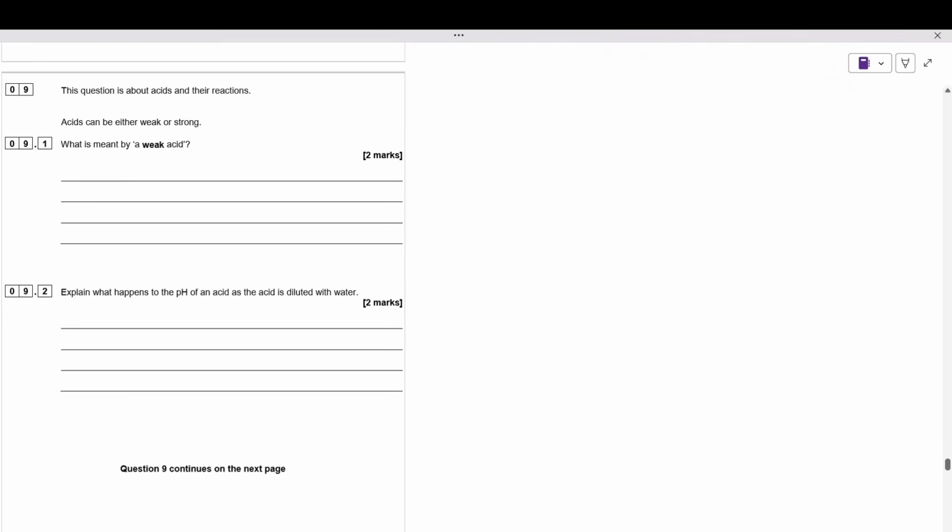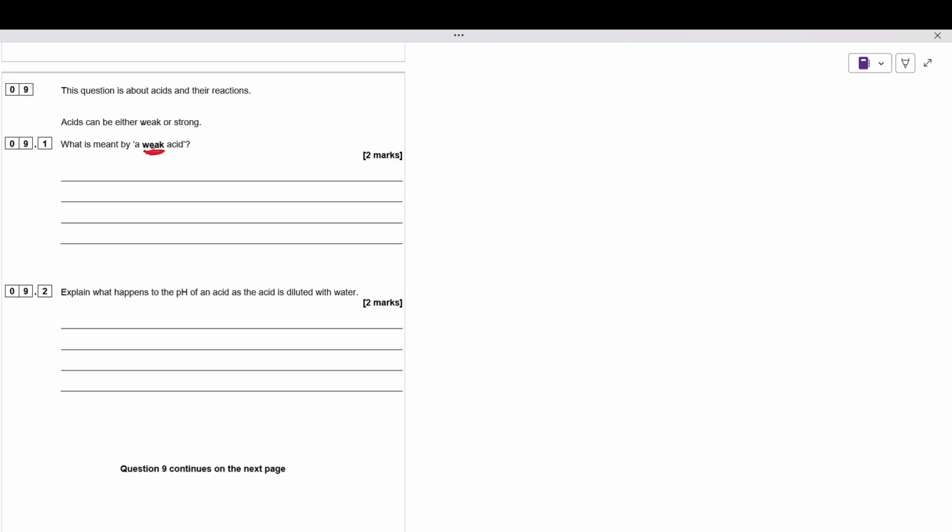Number 9, so this question is about acids and their reactions. So this one is looking at strong and weak acids. So we know that it can either be one or the other where acids are concerned. So what is meant by a weak acid? So a weak acid, so this is where we're going to be using the ability to ionize either fully or partially.